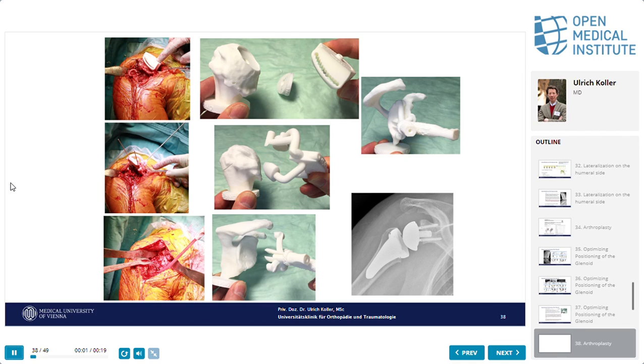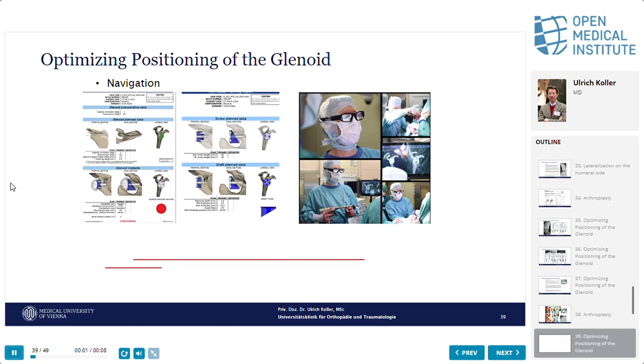We were able to put the base plate in a correct position with these guides provided. The next generation will be the Nexstar. We also use that with the Nexstar.